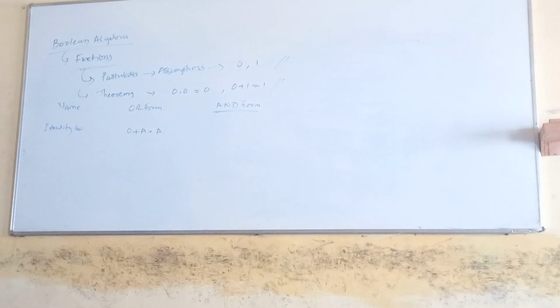Then the dual form is the AND form. Duality means we change the OR form to the AND form, and also change zeros to ones and ones to zeros. That is the duality of the function.